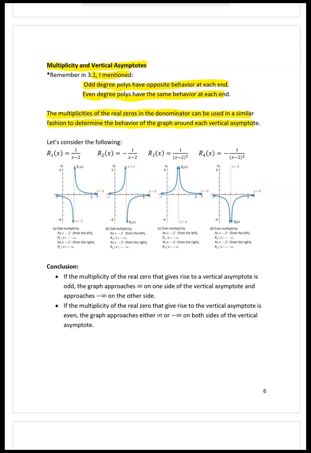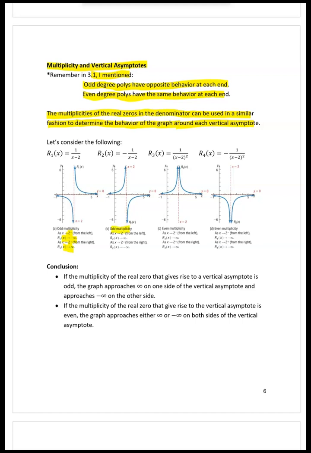So if it has an odd multiplicity, we can see that if x is going toward 2 from the left, then R2 of x is going to negative infinity. And if x is going to 2 from the right, then R2 of x approaches infinity.